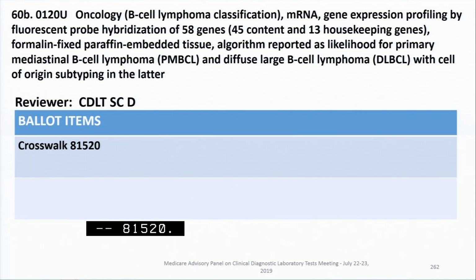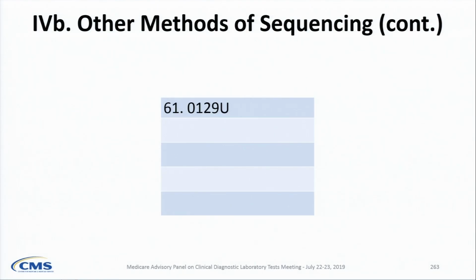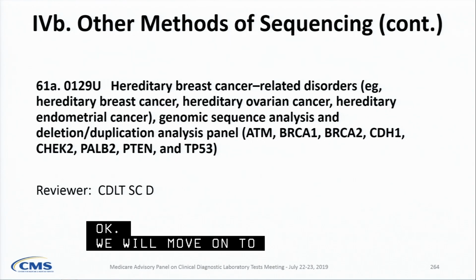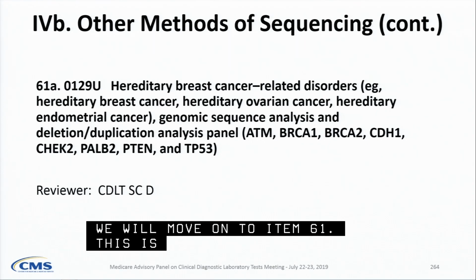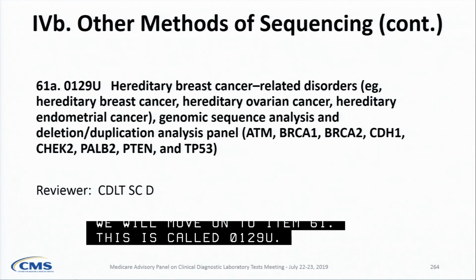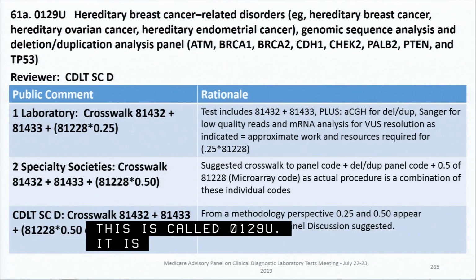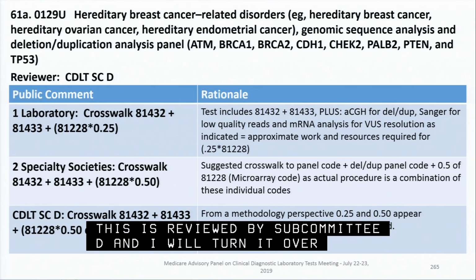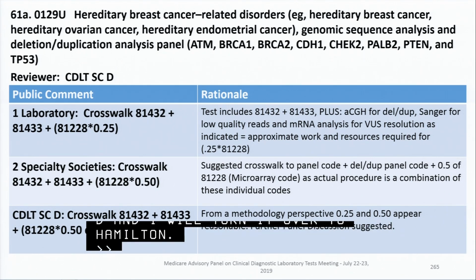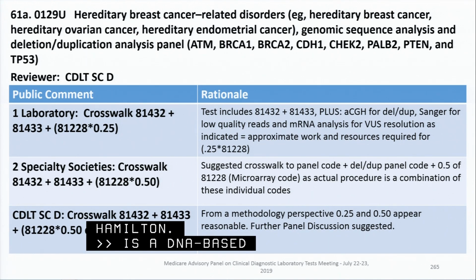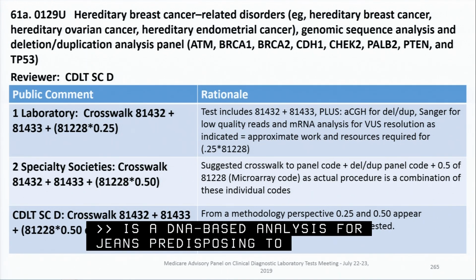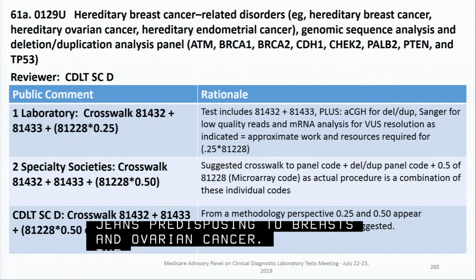Okay, we're going to move on to item 61, and this is code 0129U, and this is another breast cancer. But it's specific to hereditary breast cancer test, and this was also reviewed by Subcommittee D, and I'm going to turn this over to Dr. Hamilton. Thank you. This is a DNA-based analysis for inherited genes predisposing to breast and ovarian cancer. The panel is with 8 genes in it, and it uses DNA sequencing methodology.